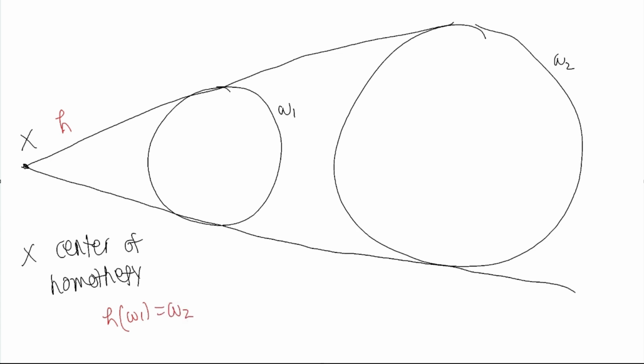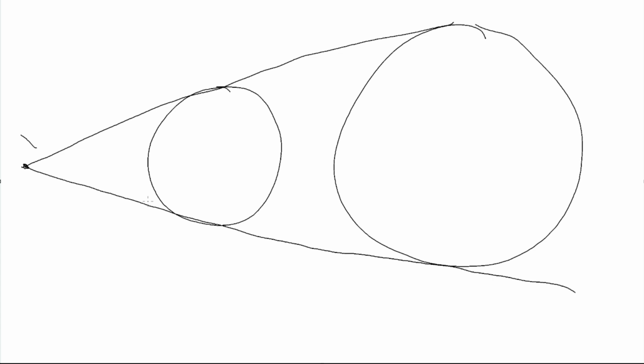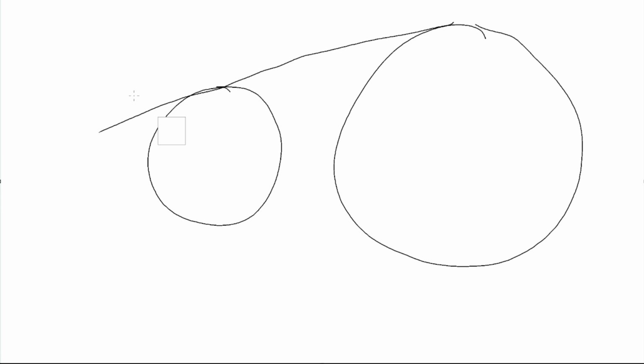And because homothety preserves relative position, we can do so much with this. And therefore, let's actually construct the point x with a ruler and compass. So suppose that I cleared this entire diagram. And how do I even know that the point x exists?